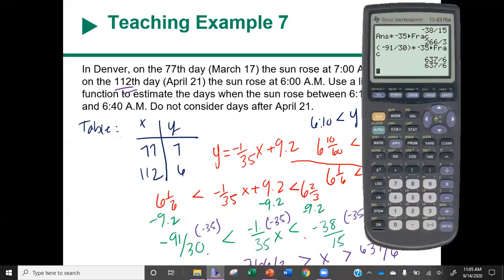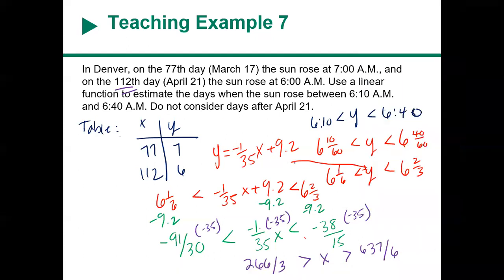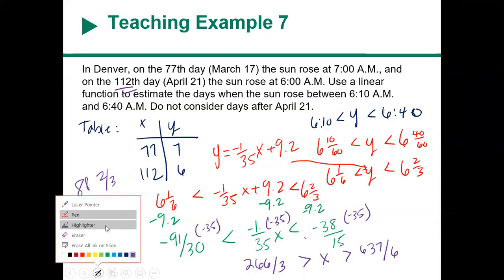So 637 over 6 would be the 106th day, and 266 divided by 3 would be the 88th day. So we have 88 and 2/3 day. And then the other one was the 106th.